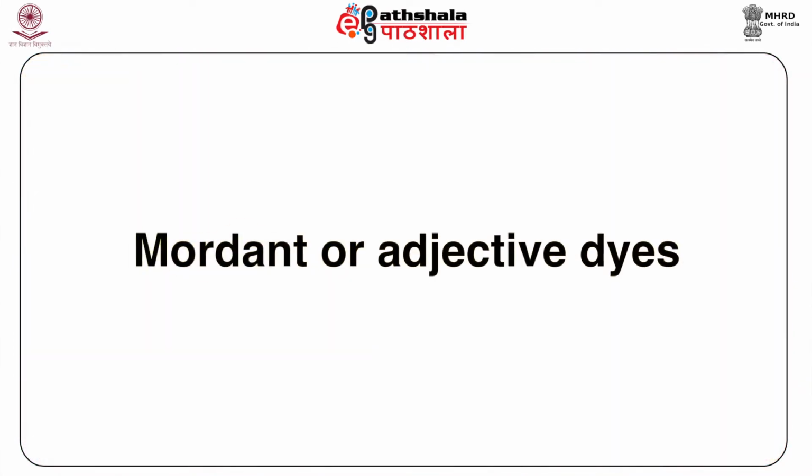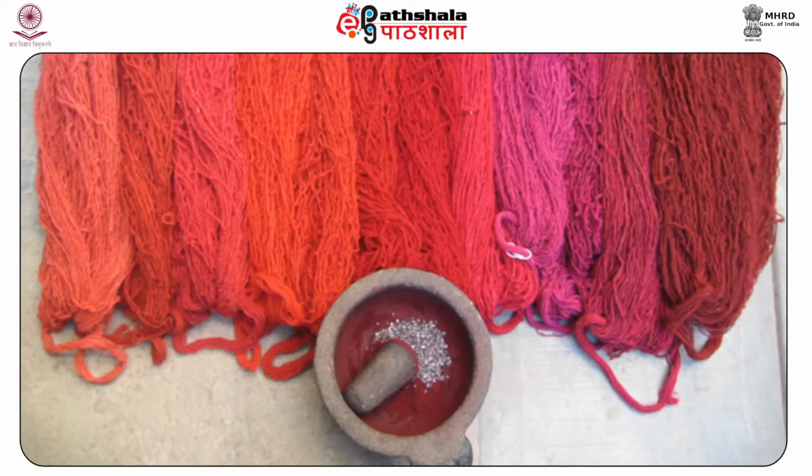Mordant or adjective dyes. These dyes have poor affinity for the fibers. However, these dyes require a pre-treatment of the fibers with a mordant material designed to bind the dyes.